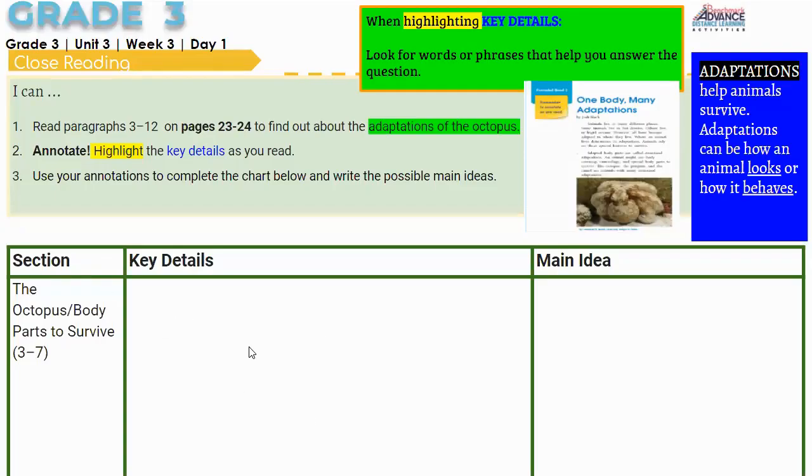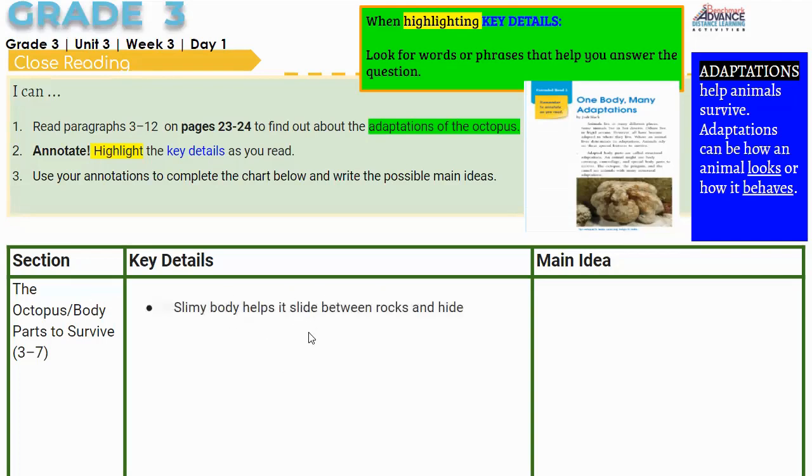So here we are. In the first paragraph, I highlighted that its slimy exterior lets an octopus slide into small spaces between rocks. So that's the body covering, and it helps the octopus hide. So that's what I'm going to type. That's what I typed.